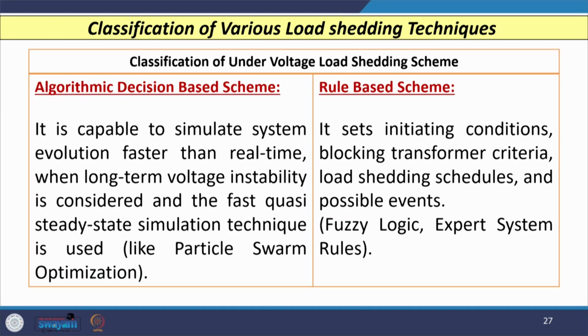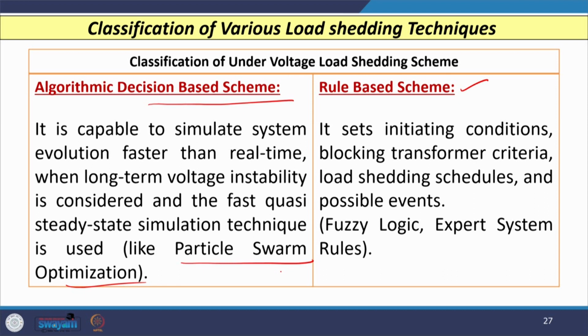The next type of classification is the algorithm decision based scheme, and the other one is the rule based scheme. So, algorithm decision based scheme is capable of simulating system evolution faster than real time when long term voltage instability is considered, and a fast quasi steady state simulation technique is used, like particle swarm optimization.